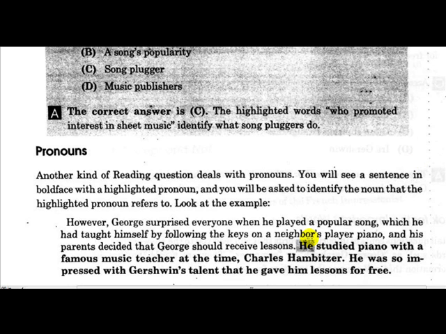Now look at the example. We have "he." "He studied piano with a famous music teacher at the time, Charles Ambitzer. He was so impressed with Gershwin's talent he gave him lessons for free." He refers to what?